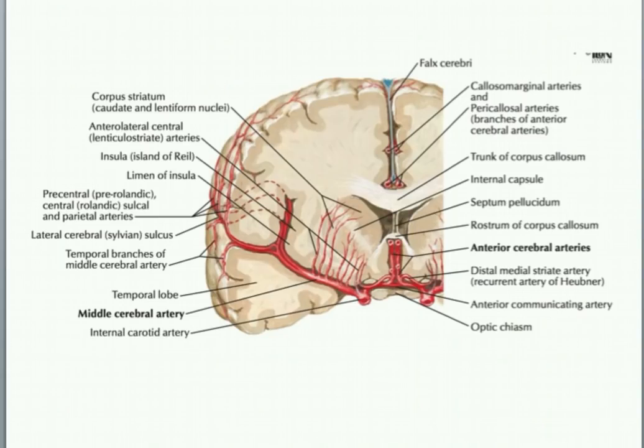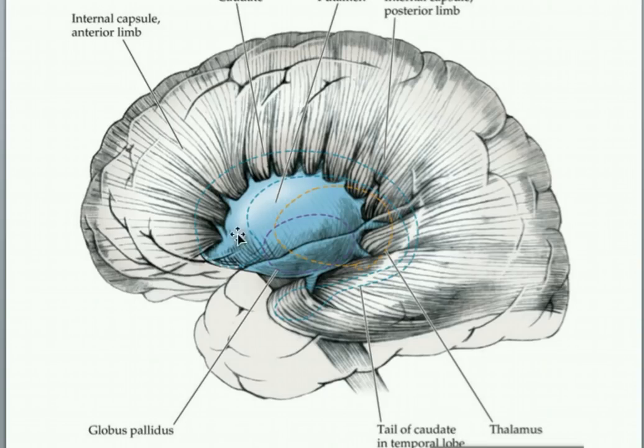And then, here is one more view, and then we'll talk about vasculature. I really like this. This is from Neuroanatomy Through Clinical Cases. We're looking at a lateral view.